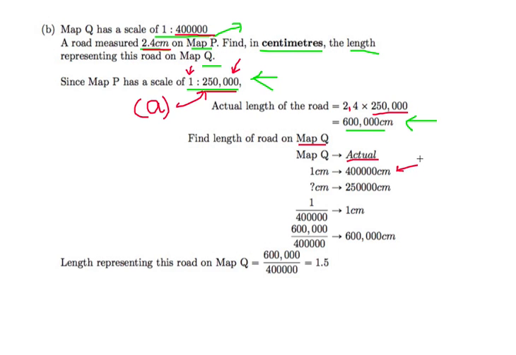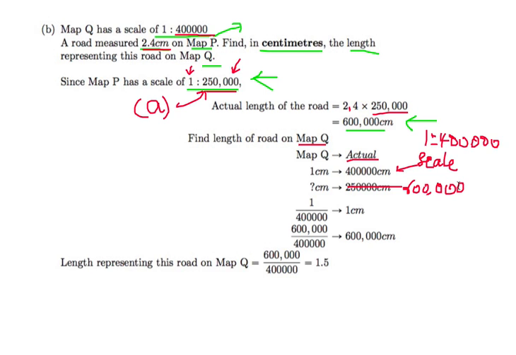I like to draw this arrow so it's easier. So how many centimeters does it have to be on the map? Sorry, this is 600,000 in real life.